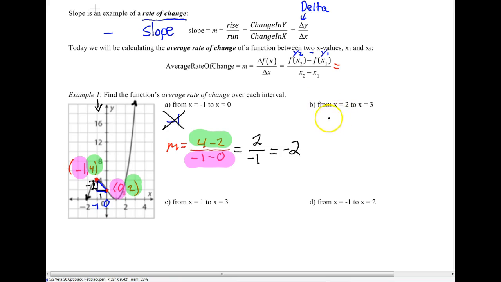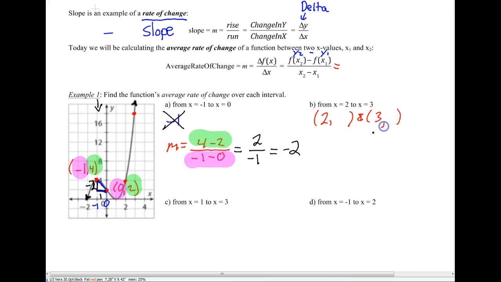Okay, so let's look at a few more. Let's go from 2 to 3. So 2 would be right about here, and 3 would be right about here. So you want to find out what are the coordinates for those 2 points. 2 comma what?